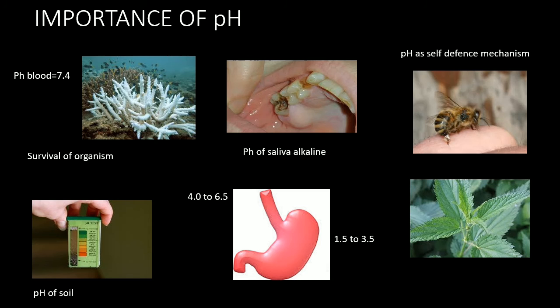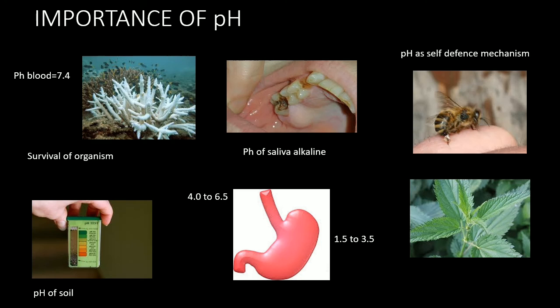On the other side, the pH of the upper stomach is slightly acidic, about 4.0 to 6.5, but the lower stomach is strongly acidic, between 1.5 and 3.5, because of the release of hydrochloric acid inside the stomach.